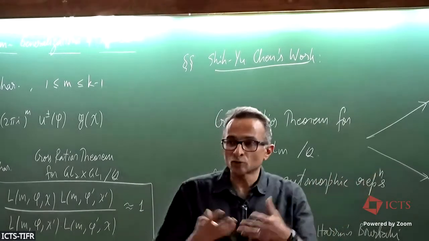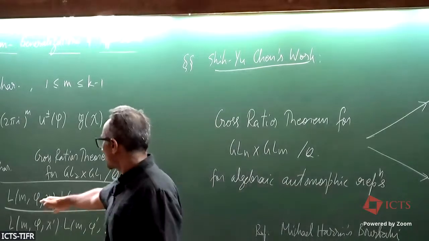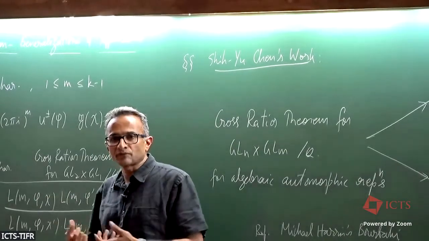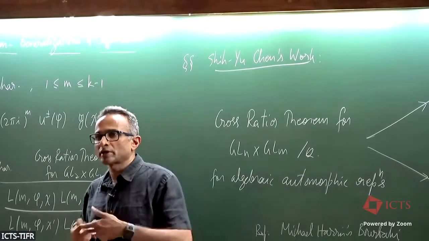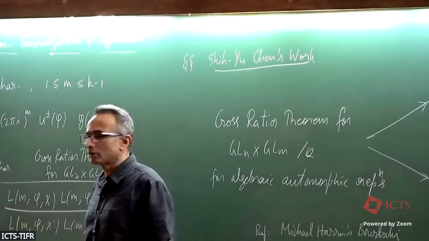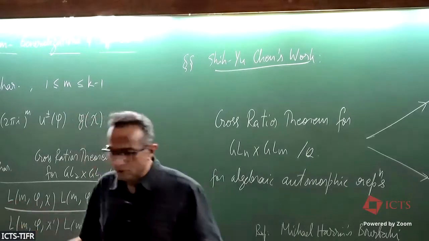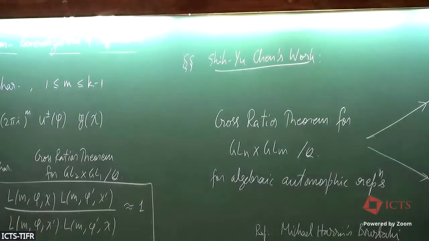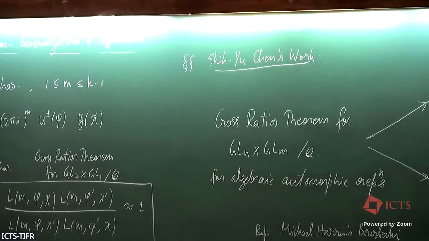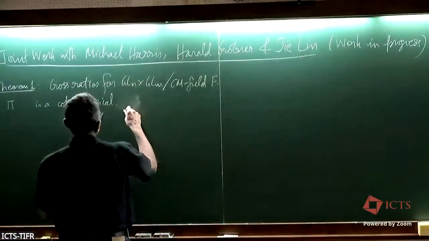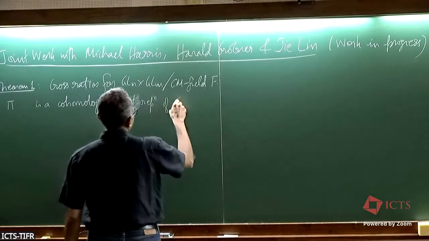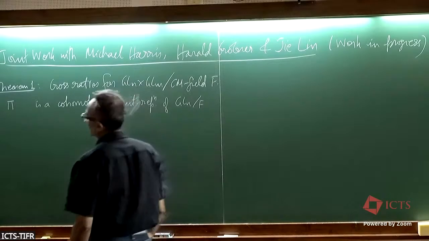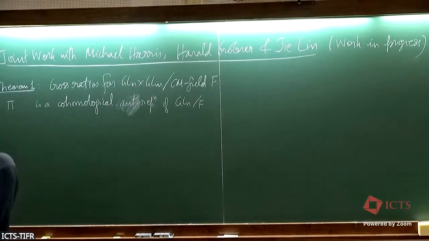I could take isobaric sums. Pretend this phi and chi are just formal symbols, and phi could be an isobaric sum. Phi is a representation of GL_N, which is an isobaric sum, phi1 plus phi2 plus whatever, and chi similarly is a sum. So cross ratios for GL_N cross GL_M. So pi is a cohomological automorphic representation of GL_N over F. And for cross ratios, I needed a phi and a phi prime.